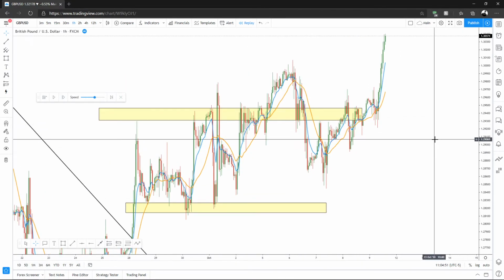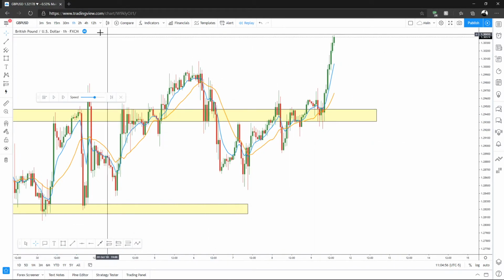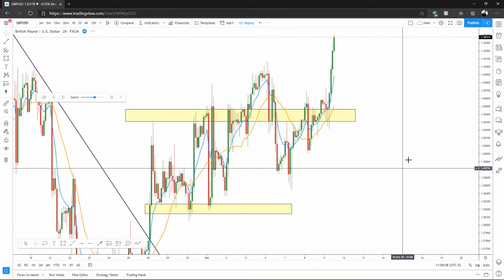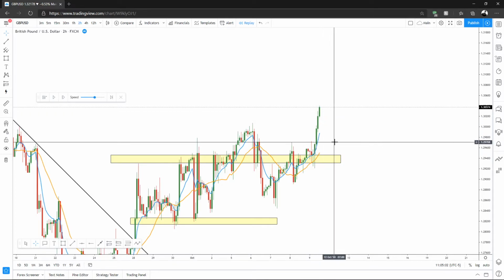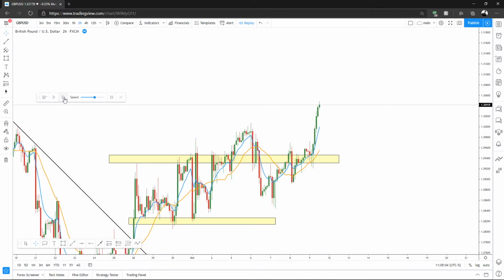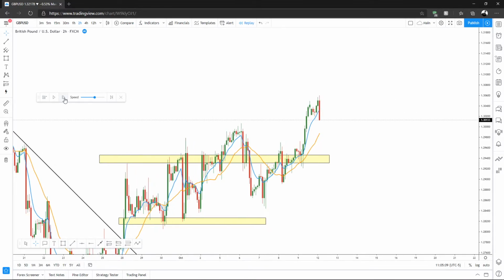And look at that, closed above. So this right here is an actual close above. Several retests to the resistance, acting as new support. So what am I looking for now? I'm looking for a retest. Retracement. There we go. That's the retracement I'm looking for.